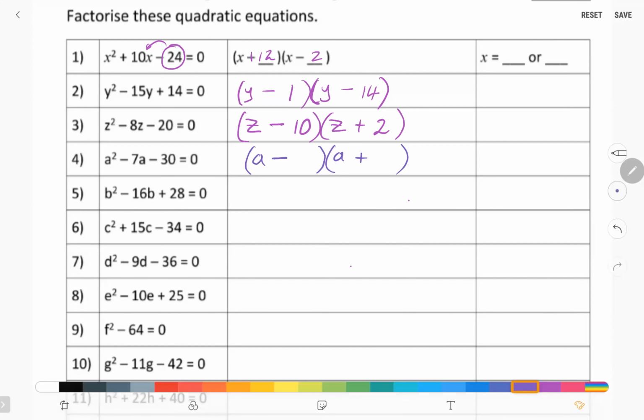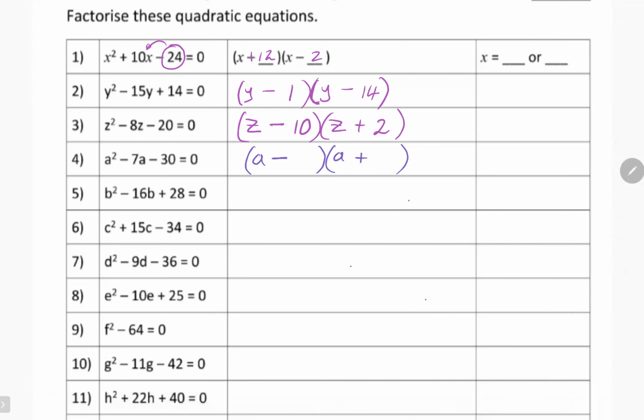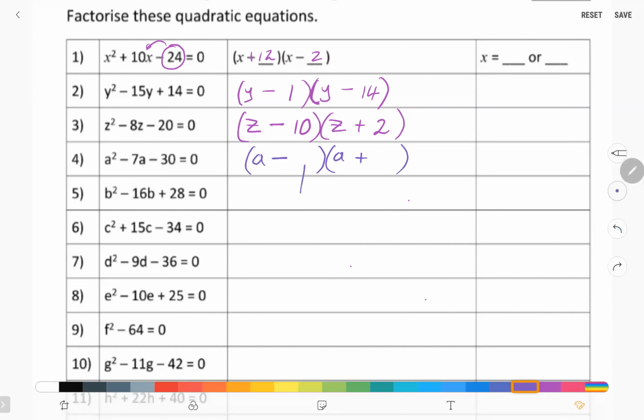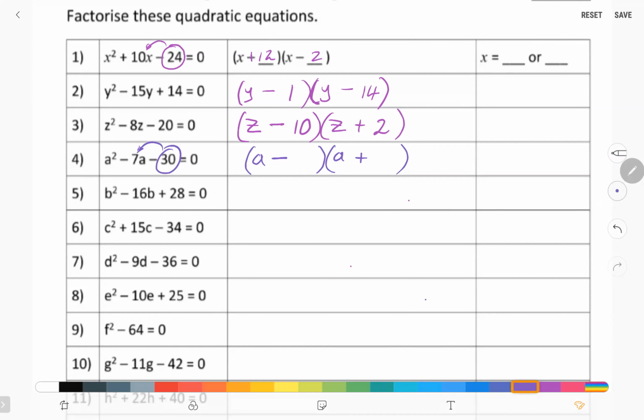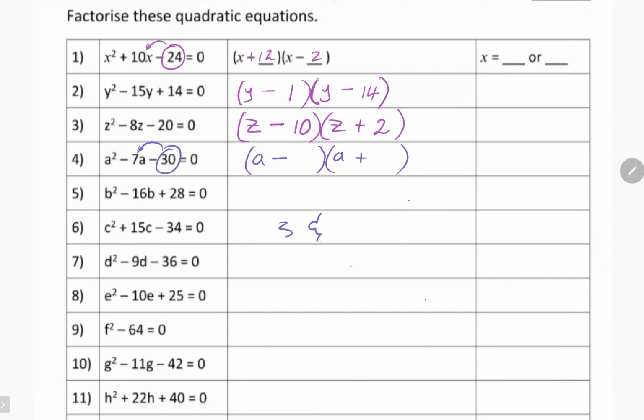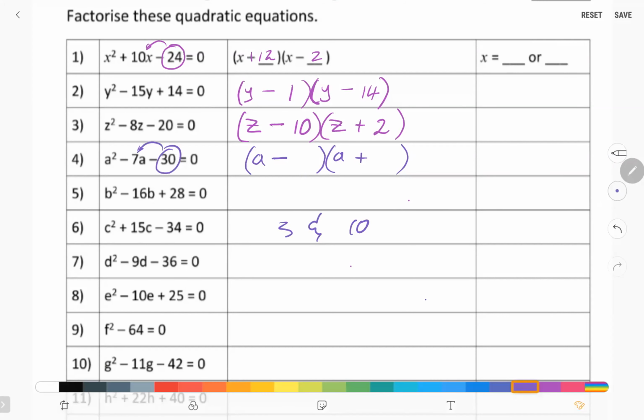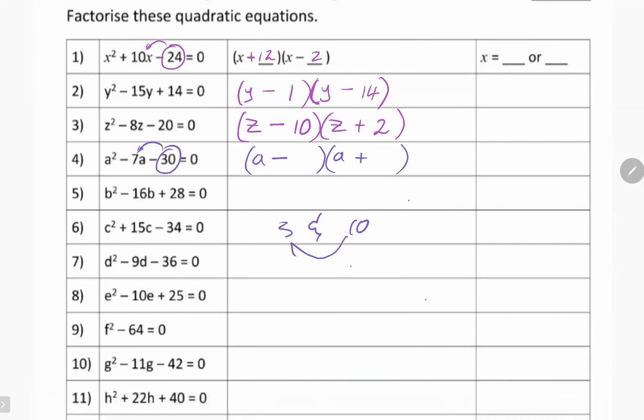The larger one will be negative. I'm going to put the larger one here. Then I want factors of 30 where the difference is 7. That's 3 and 10. The difference is 7.